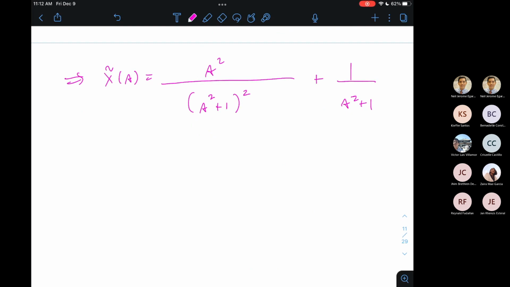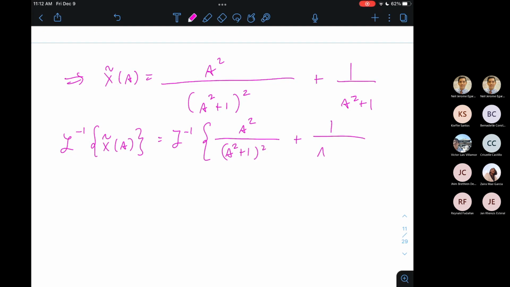Well, yeah, let's try. So pag kinuha ko yung inverse Laplace transform ng both sides, okay, magiging inverse Laplace transform ng s squared over s squared plus 1 quantity squared plus 1 over s squared plus 1, right? The inverse Laplace transform of x tilde is simply x of t, right?